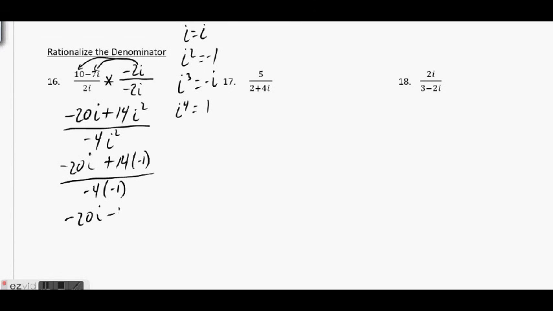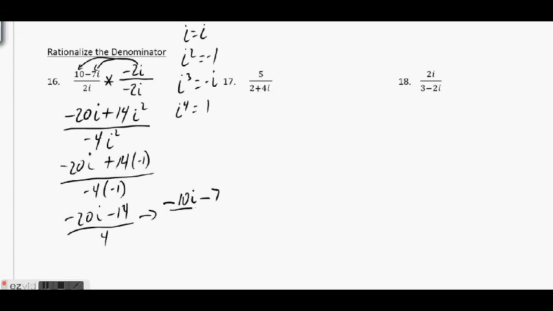You'll notice they are all multiples of 2. I'm sorry, I don't know what's going on here with my computer. They are all multiples of 2. So I'm going to divide everything by 2. -10i minus 7 all over 2.